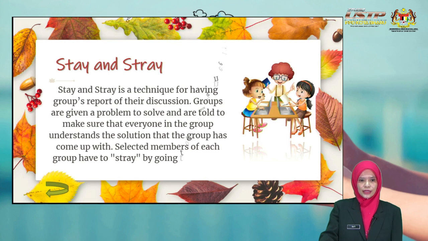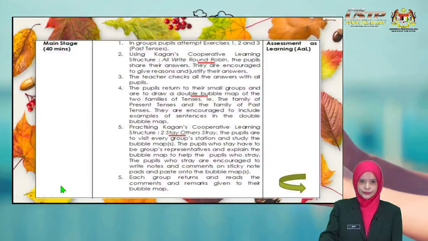Selected members of each group have to stray by going to the next group. Then, each group returns and reads the comments and remarks given to their bubble maps.